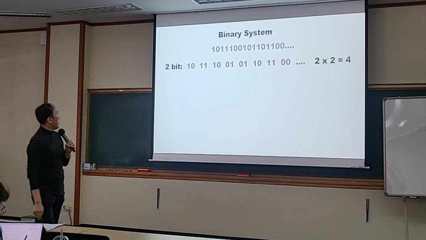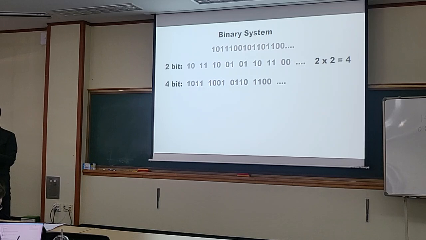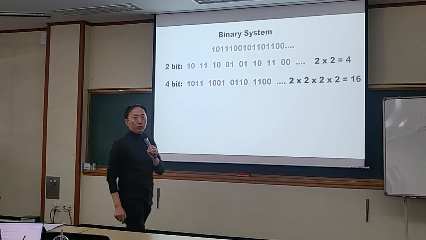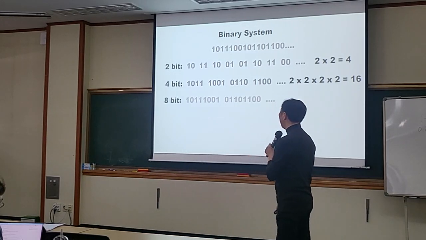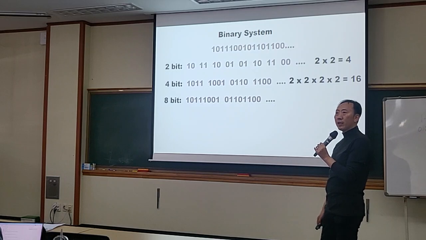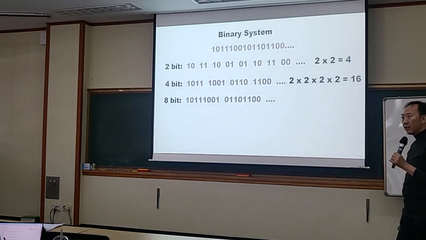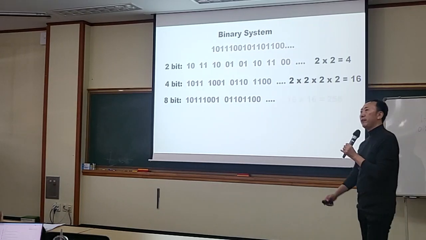If it's 4-bit, then how many pieces of information can you store? 16. Then with 4-bit, can you define 20 amino acids? Still not yet, right? You need more. 8-bit, how much information can you get? 16 by 16, what's that? 256. 256, okay?